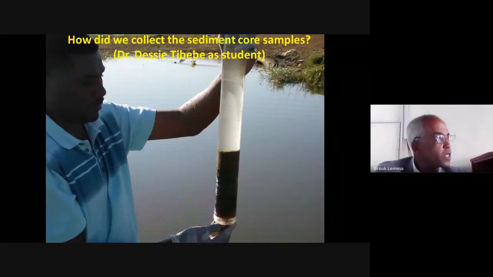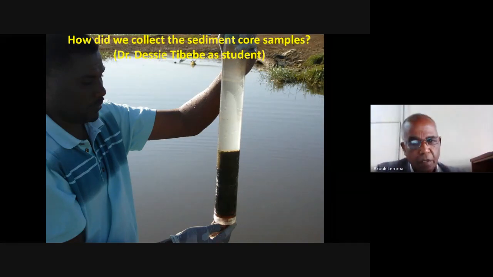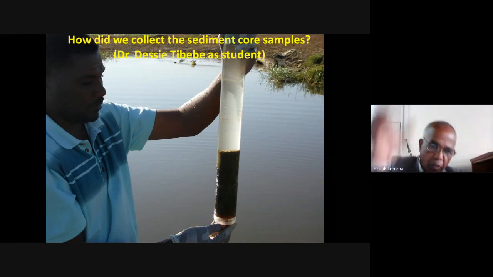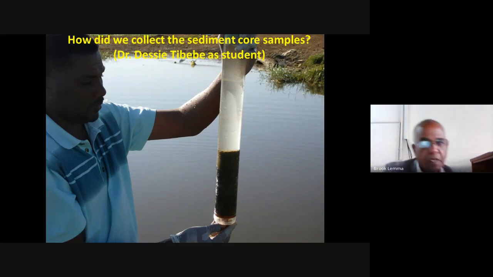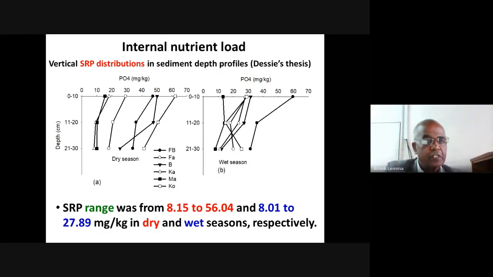Then we studied the sediments. We cut out the sediment column to see the nutrient level at different levels. This is the water column as it was standing in the water, and we cut it and measured the nutrient levels at each level.